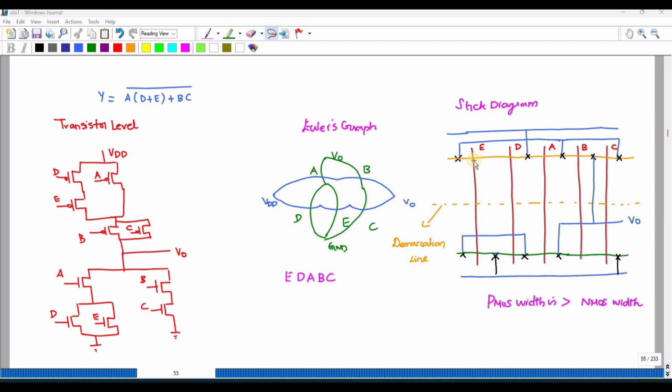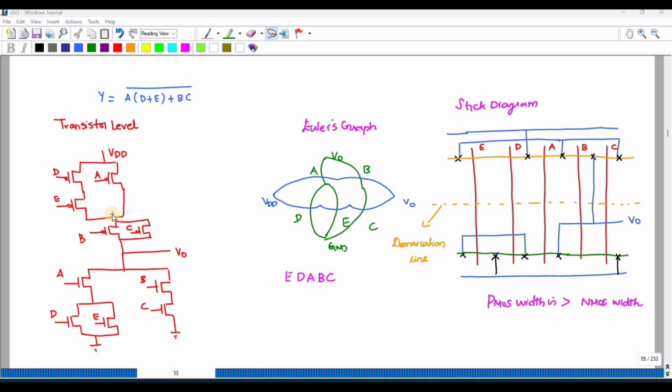For PMOS, this point is connected to E and C. So which point is that one? This is that point. Okay, this is a point where E and C is connected. So what is another point?